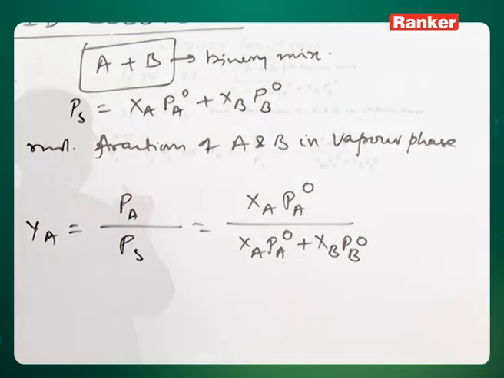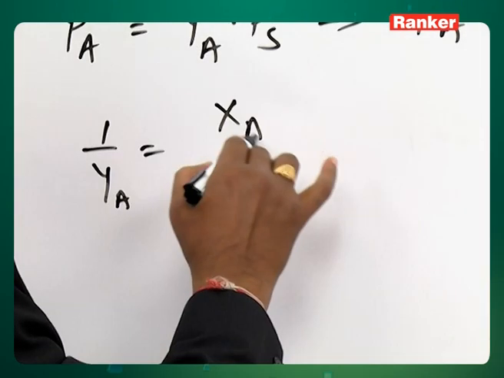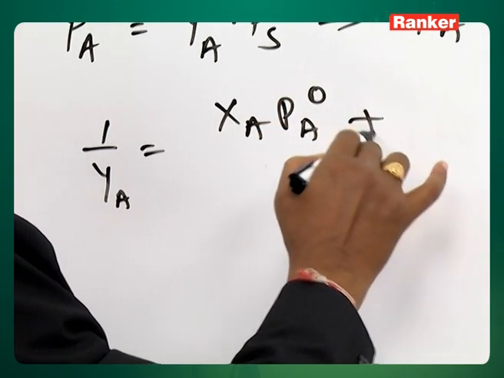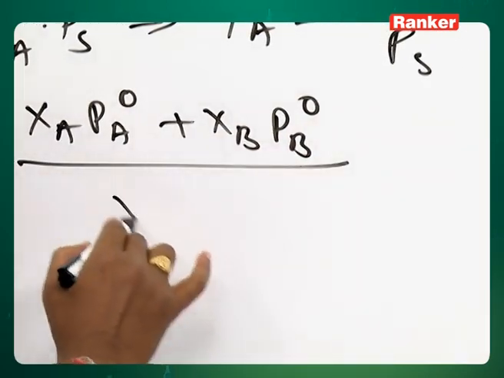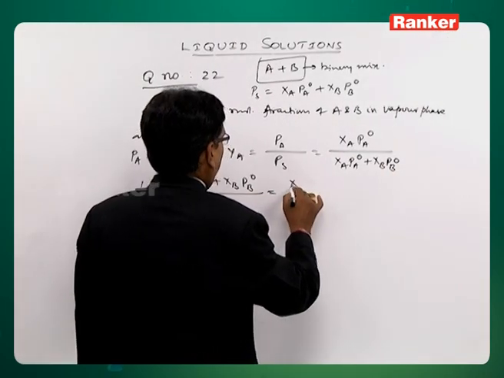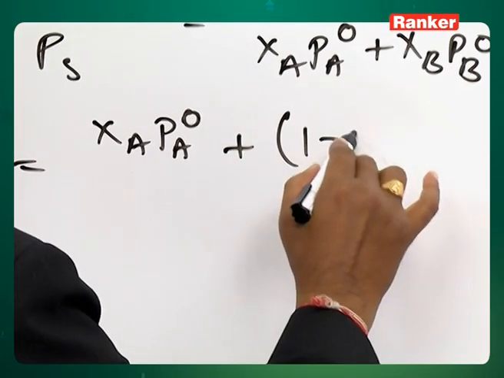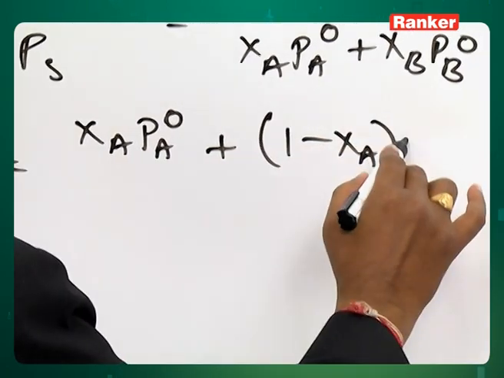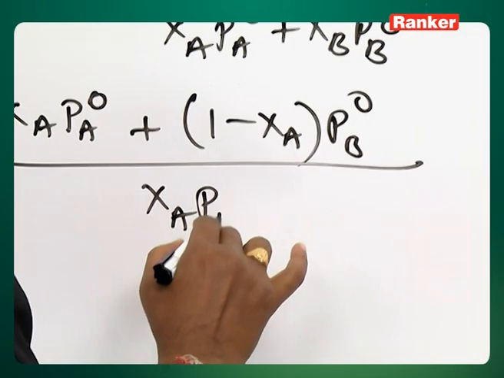Now, I will take 1 by Ya. 1 by Ya is equal to XA Pa naught plus XB Pb naught by XA Pa naught. This is equal to XA Pa naught plus, XB being 1 minus XA, into Pb naught, by XA Pa naught.